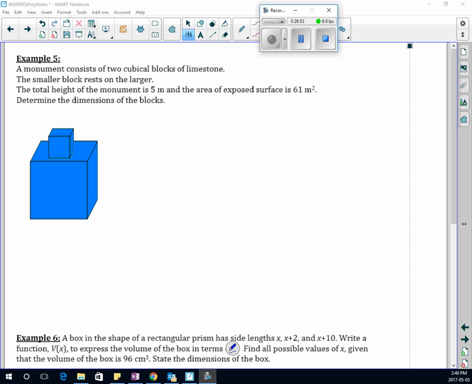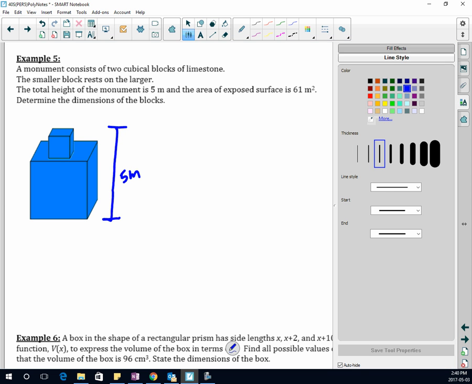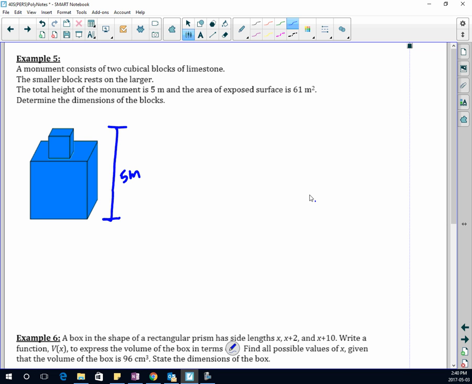Okay, so this is the picture of what it looks like, and it says the total height is 5 meters. So that means from here to here is 5 meters. In cubes, we know all the sides are the same, right? So do you want to make this side x? Yes? Which means this side's x.